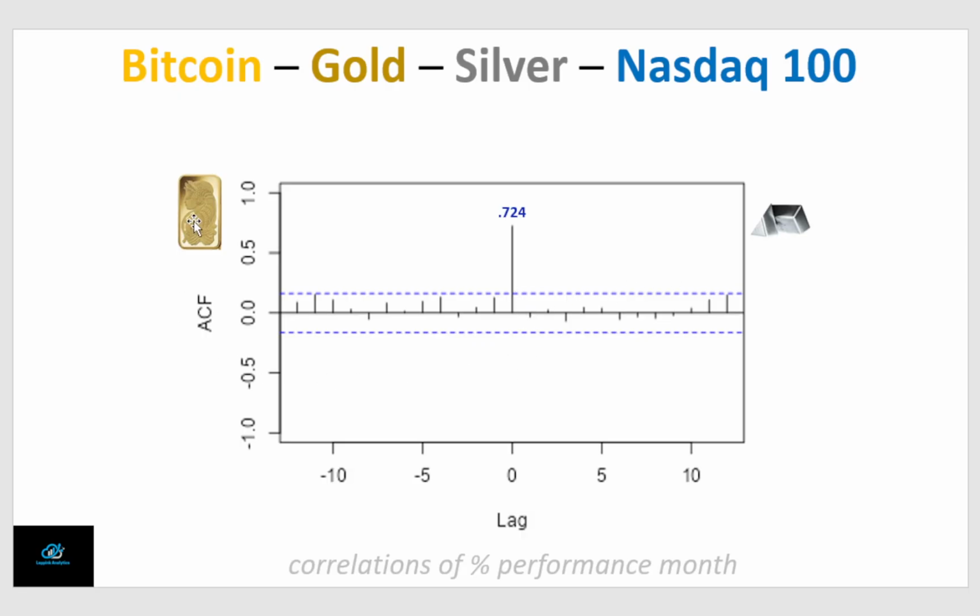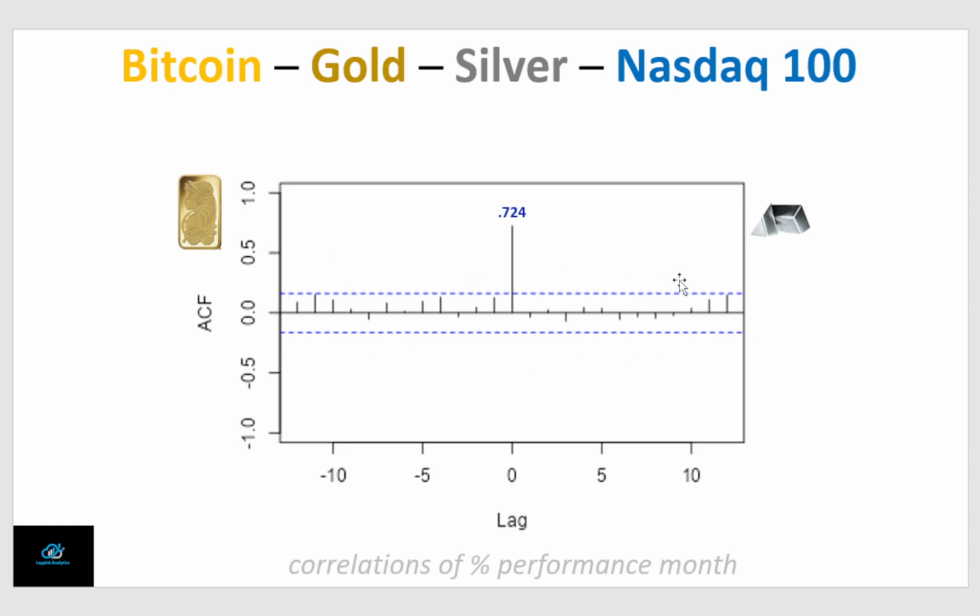The other way around, if we had substantial correlations in the whole area left from 0, then we would say that certain performances in gold in a given month would be predictive of silver performance a few months later. So for instance, the correlation here at -5 is the correlation between gold performance in 1 month and silver performance 5 months later. So that's how you need to read these charts.